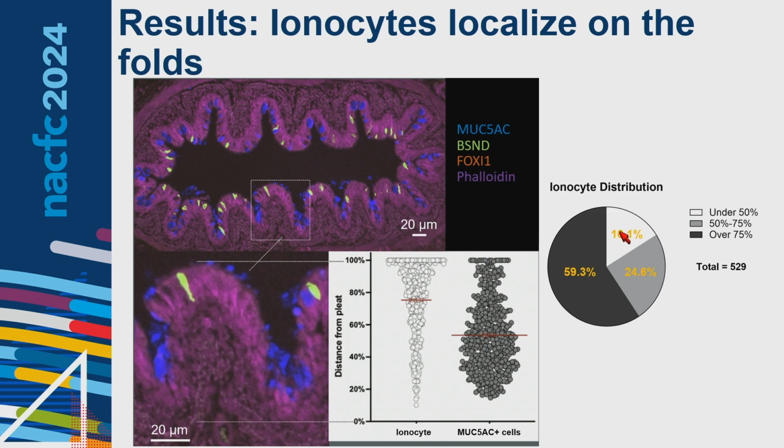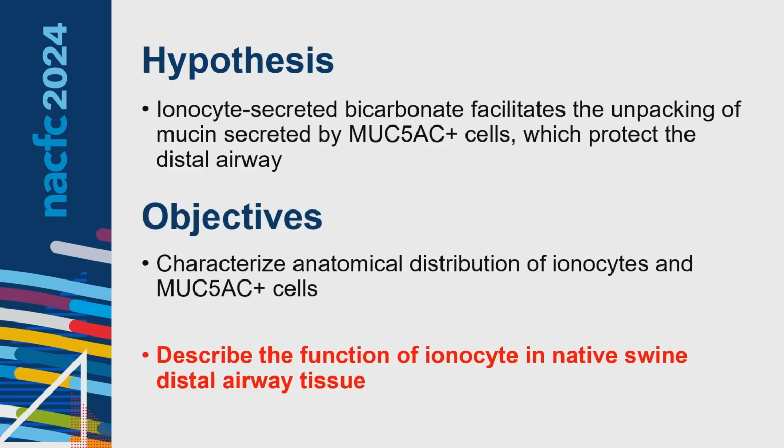However, only about 15% are located below 50%, so in the pleat region. And the mucin 5AC positive cells are distributed along the way, at the fold, the pleat and in the middle, distributed differently from ionocytes.